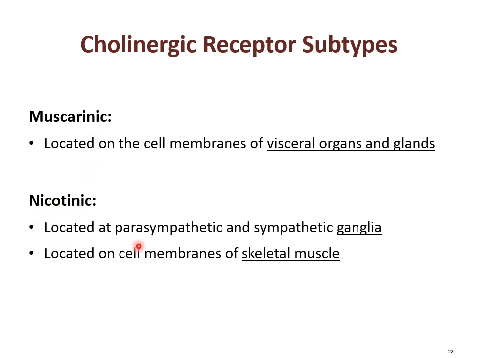Nicotinic receptors are located at the ganglia, all ganglia, sympathetic and parasympathetic, and on cell membranes of skeletal muscles. Where somatic neurons junction with skeletal muscles, what we call a neuromuscular junction, they're nicotinic receptors.